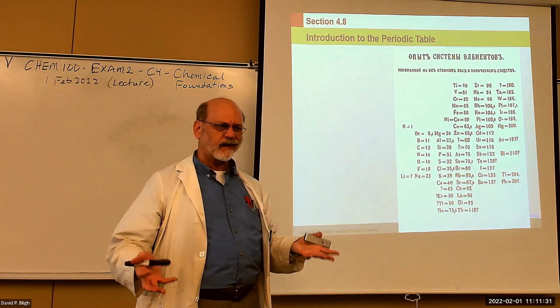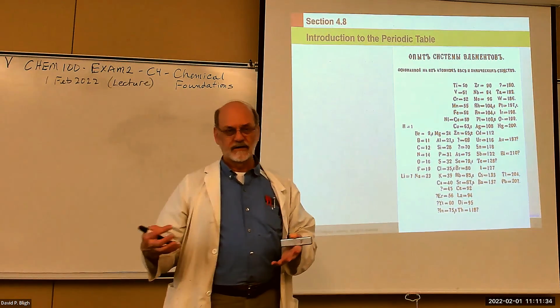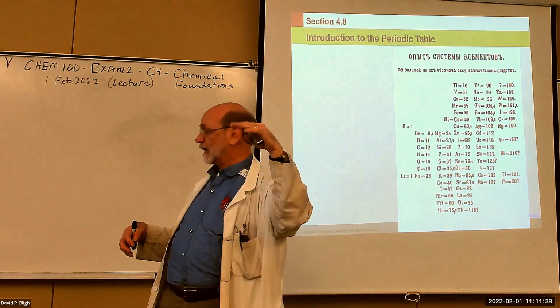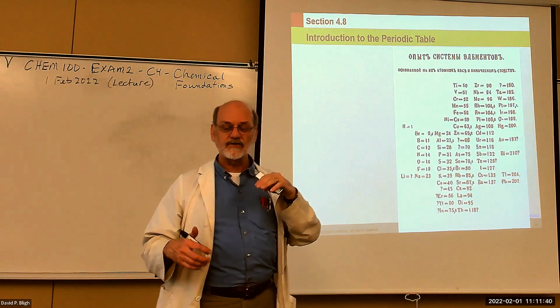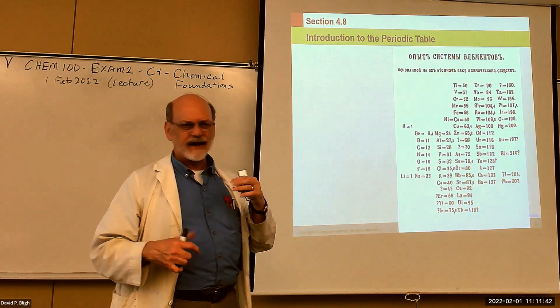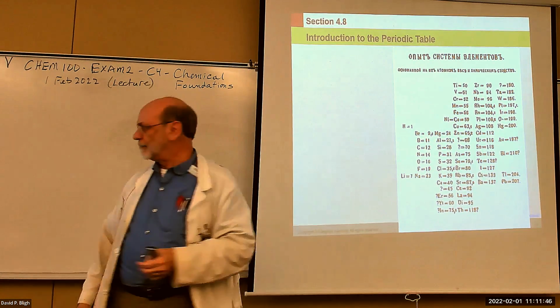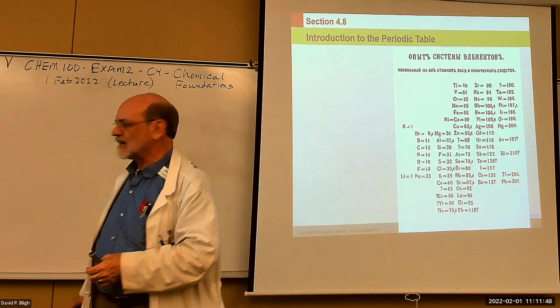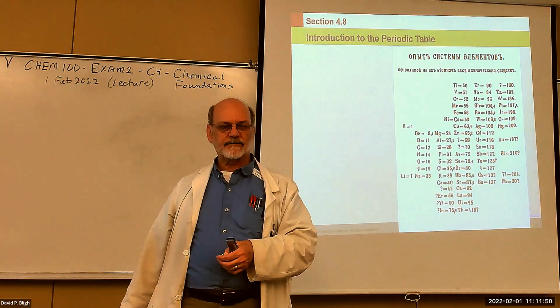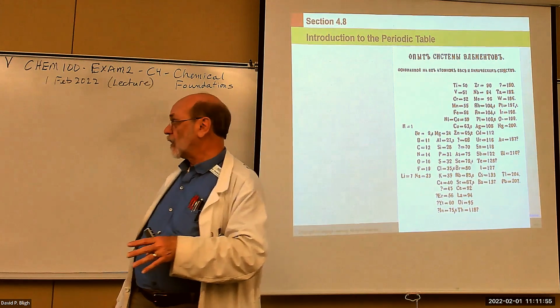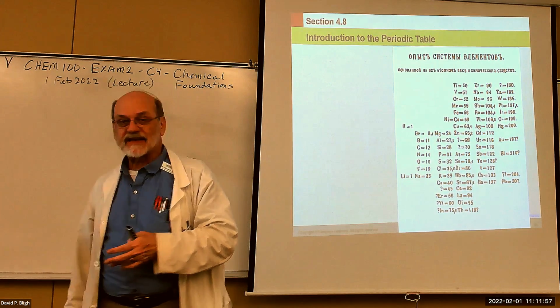They're not exactly alike, like all the halogens, right? Fluorine, chlorine, bromine, iodine, they're all halogens, and they behave similarly. Not identical, similar. They're in a family, a group. The alkali metals, the far left side of our current periodic table, those are lithium, sodium, potassium, rubidium.